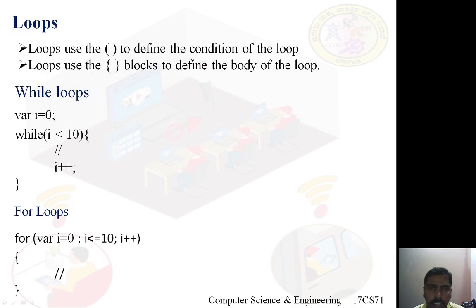So like in C or C++ or Java, even here we have looping statements. What is looping actually? Repeated execution of the same statement or set of statements. We call it looping: until some condition is satisfied, keep executing a statement or set of statements. This is looping. Like in Java or C, C++, we have the same loops: while loop, for loop, and so on.